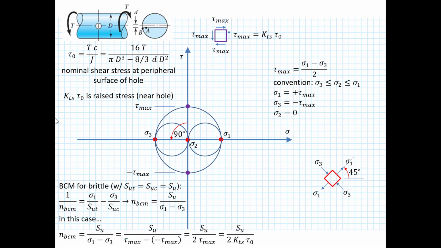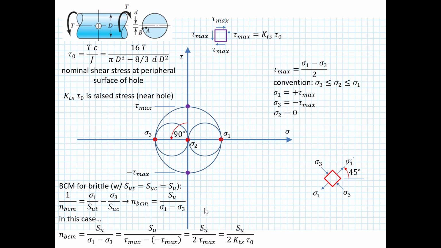Now for a brittle material, remember our NBCM is SU divided by sigma 1 minus sigma 3. In this case, we substitute tau max for sigma 1 and minus tau max for sigma 3. We end up with SU divided by 2 times tau max.